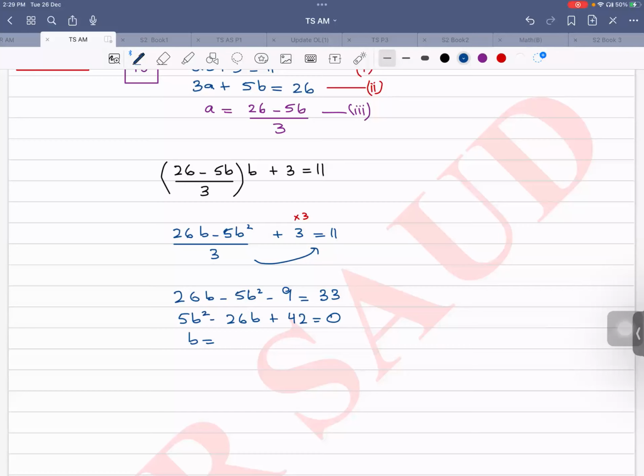Can you please use your calculator for middle term breaking and tell me the answer?